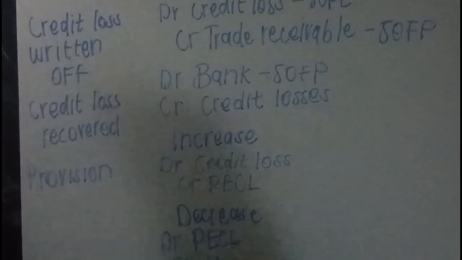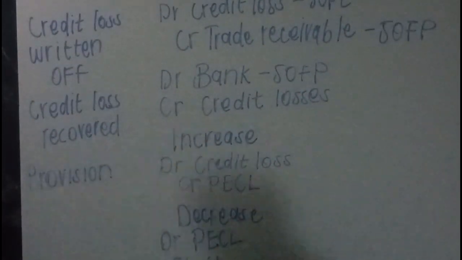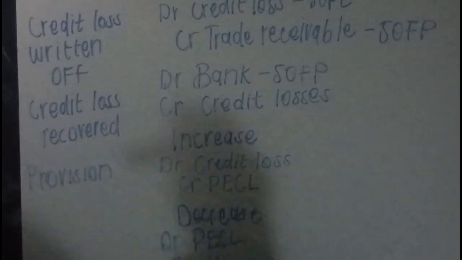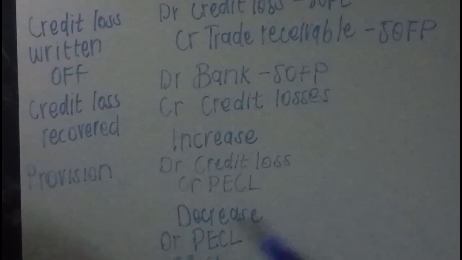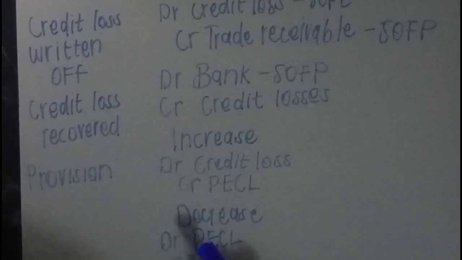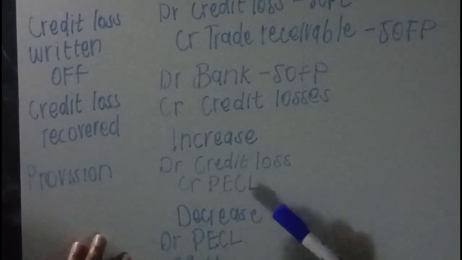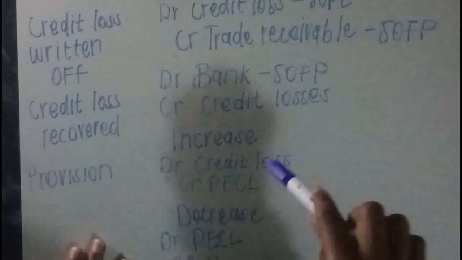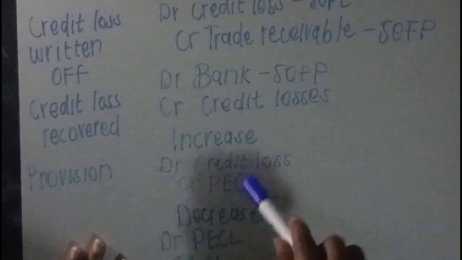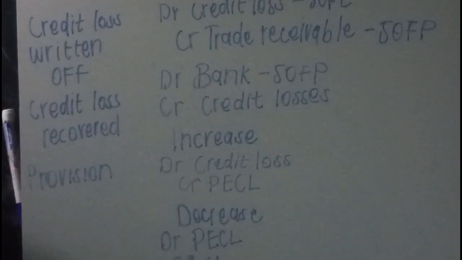We're coming to the end of a generation. Gladly, this is not the last video. So when there's a decrease, you debit provision for expected credit losses and credit credit loss, and when there's an increase, you debit credit loss and credit provision for expected credit losses. So I think that's all.